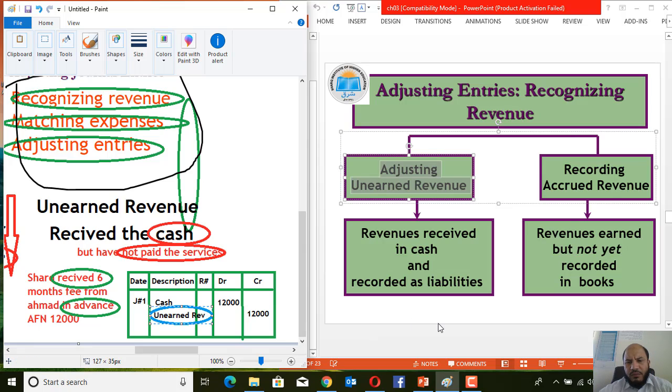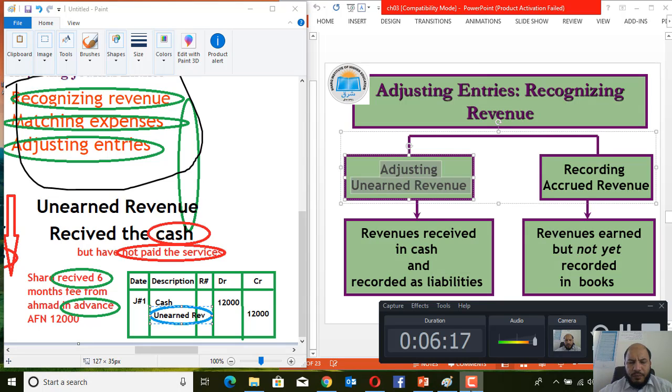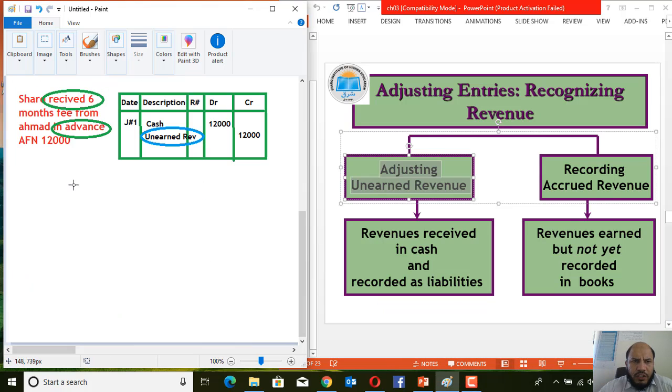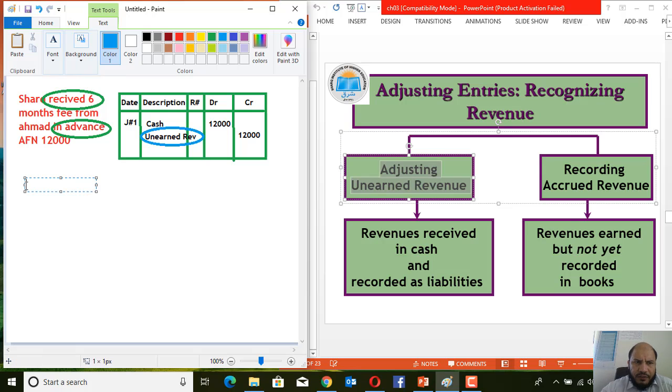We are responsible, we are liable to pay this amount. So for this purpose we may say that we need an adjustment at a future date. Now dear students, here if you see, for example, after 1 month, how will we record it, how do we adjust it?